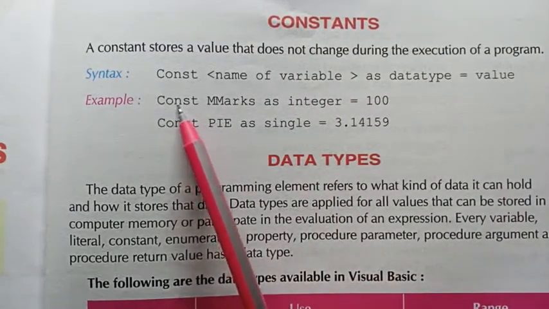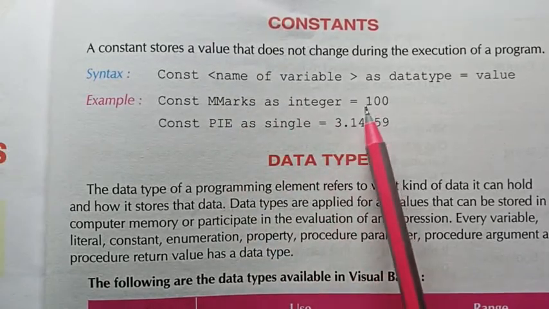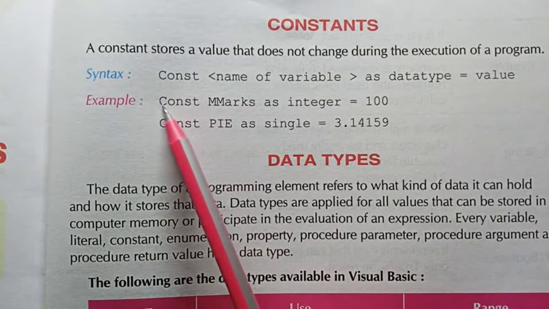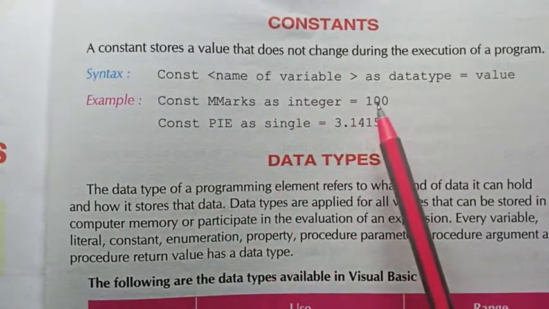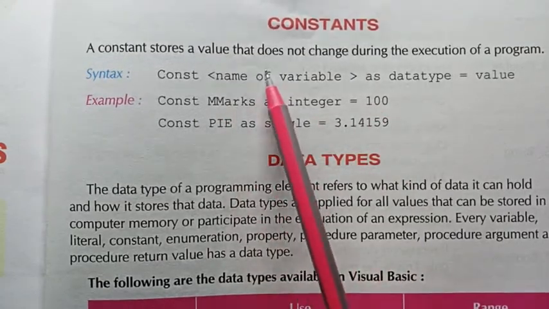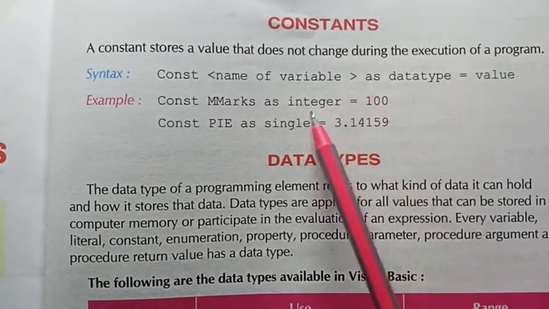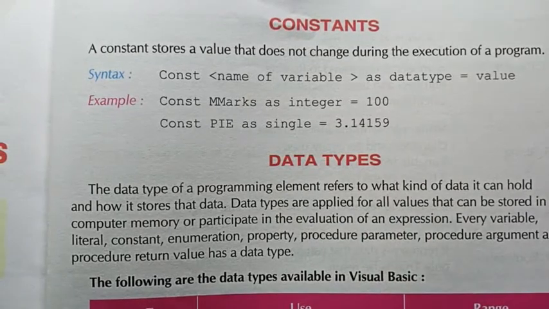Here you can see Const MMarks As Integer = 100. This has made the value constant, that means this 100 is never going to change. MMarks is the name of the variable, and the data type is Integer.